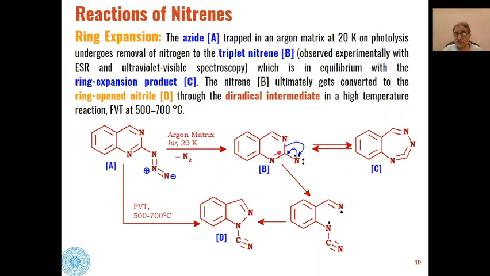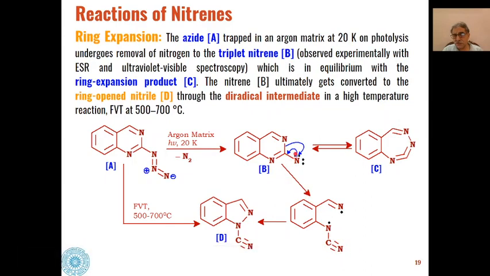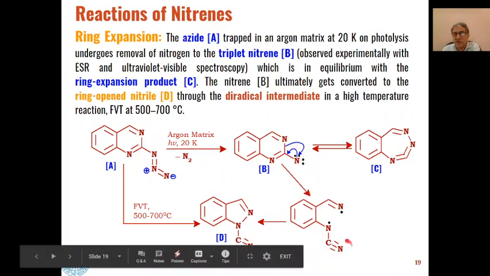Then another route is that if this bond breaks, and this forms a carbon nitrogen double bond, one electron from here and one electron from here will form a triple bond. One pair of electrons will be shifted to create a double bond, and then one electron from here and one from here will create a carbon nitrogen triple bond, and we will get these types of diradical intermediates.